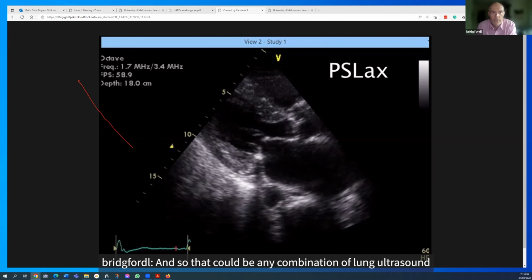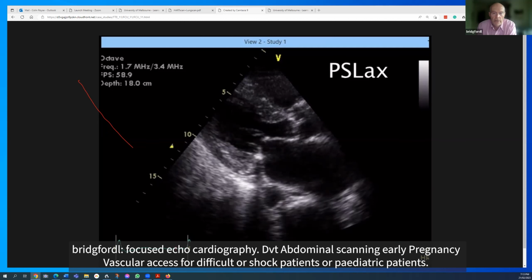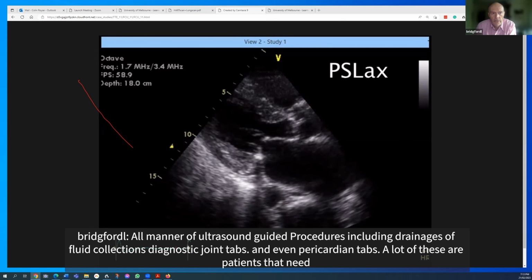And so that could be any combination of lung ultrasound, focused echocardiography, DVT scanning, abdominal scanning, early pregnancy, vascular access for difficult or shock patients or paediatric patients, all manner of ultrasound guided procedures, including drainages of fluid collections, diagnostic joint taps, and even pericardial taps.